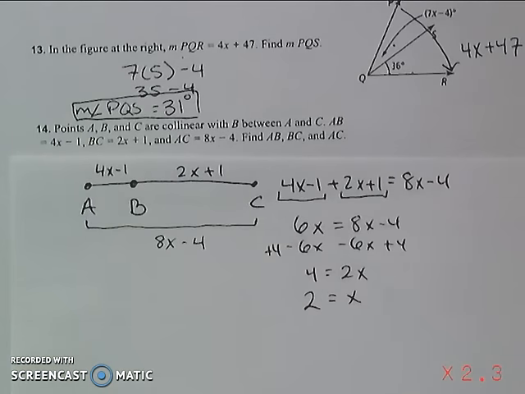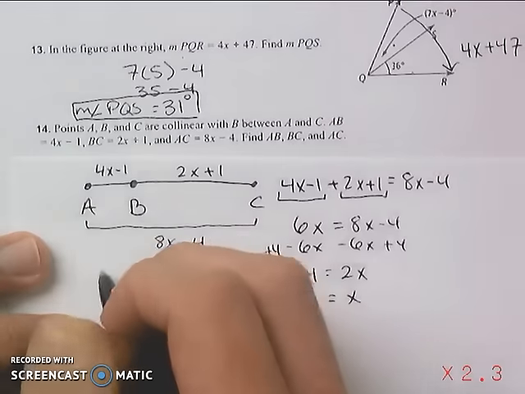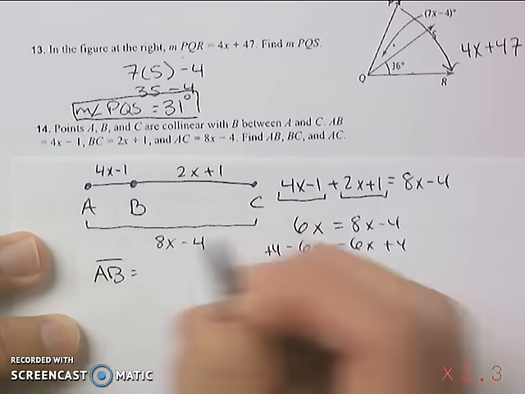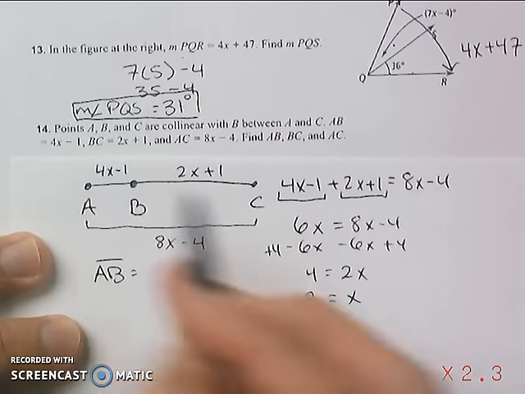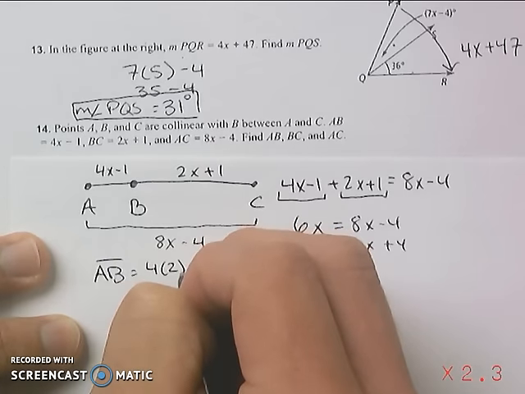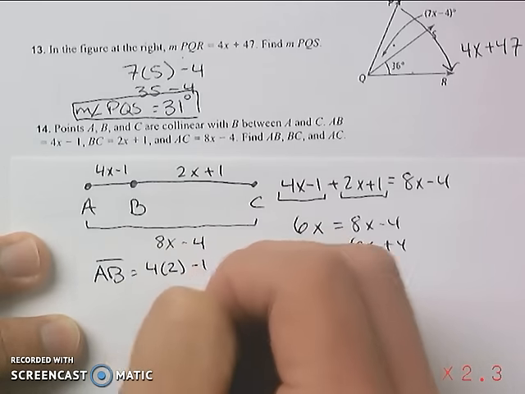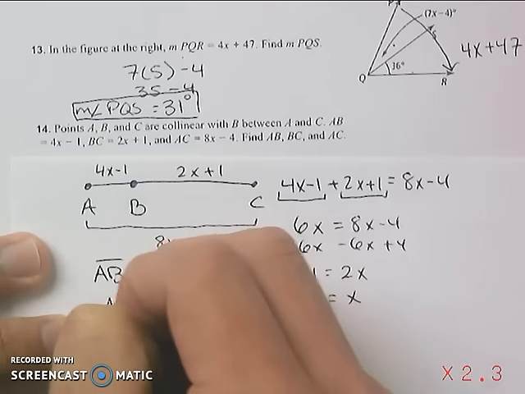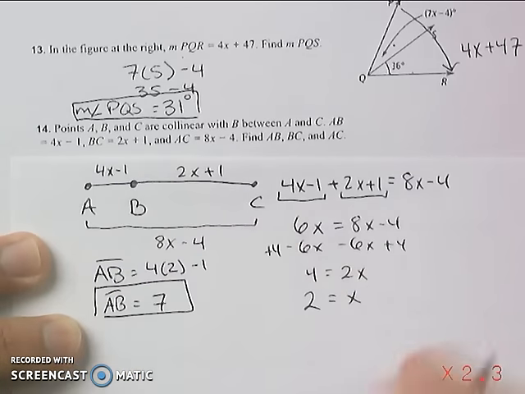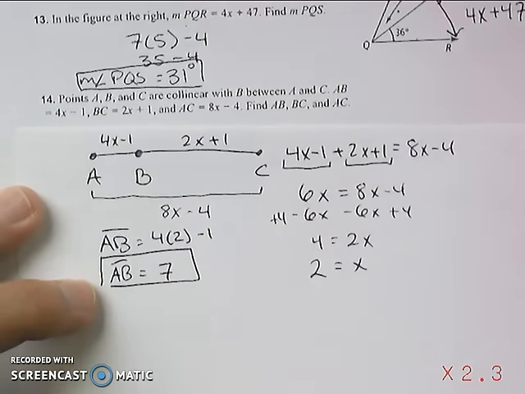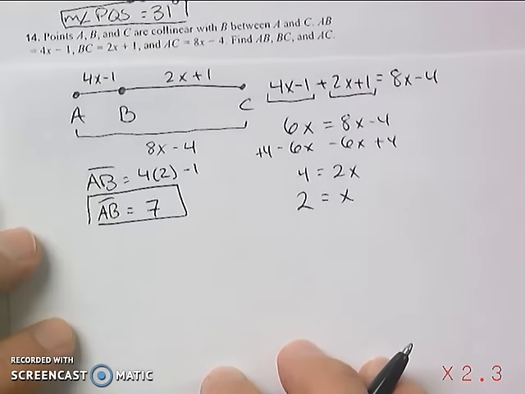Again, that's not my final answer. What I want to do now is take that 2 and plug it back into my other answers. So AB, I'm going to plug in 2 to this equation. That's going to be 8 minus 1, so I get 7 equals AB. Move that up. Okay.